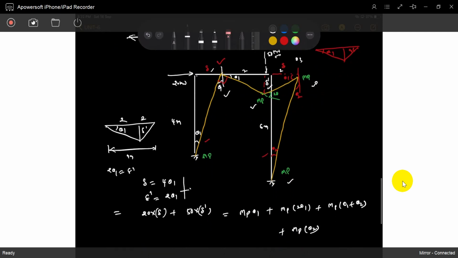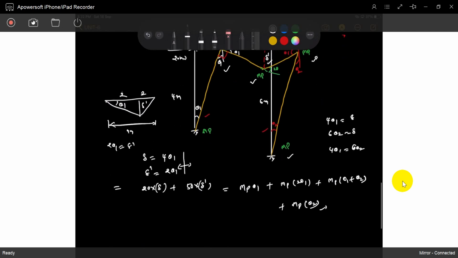Okay, that's it. Everything you can write in theta 1. Otherwise you can choose theta 2 also, no problem. So now what is theta 2? Theta 2 you can write the same way. Previously 4 theta 1 is delta, 6 theta 2 is delta, so 4 theta 1 is 6 theta 2. So I write everything in theta 1, your choice.